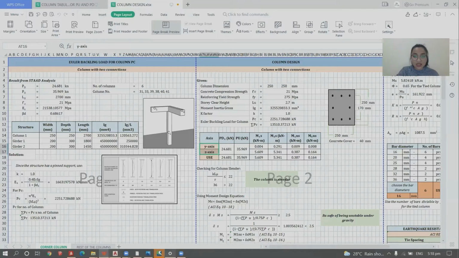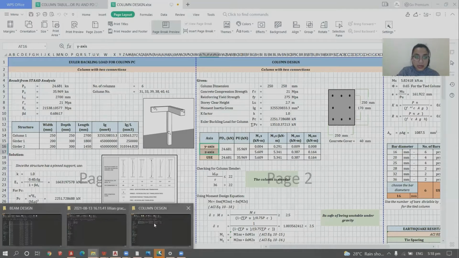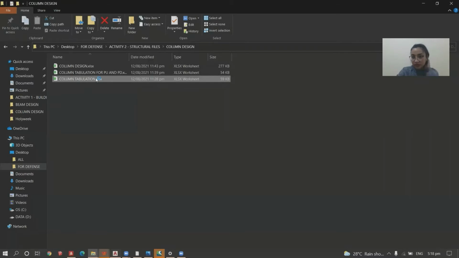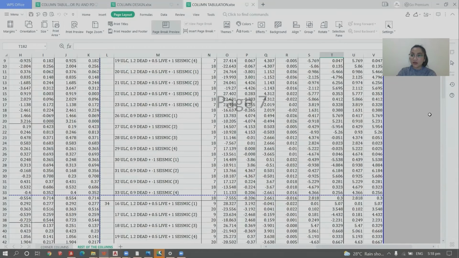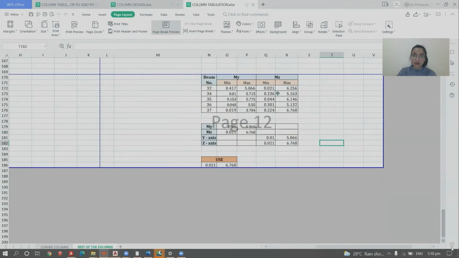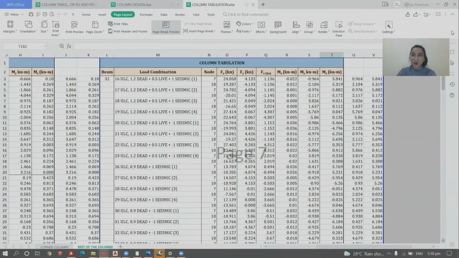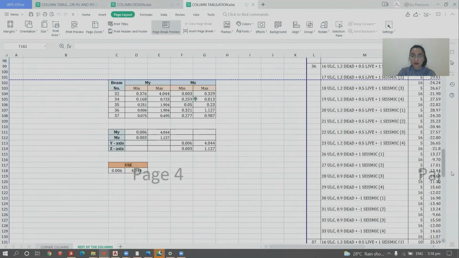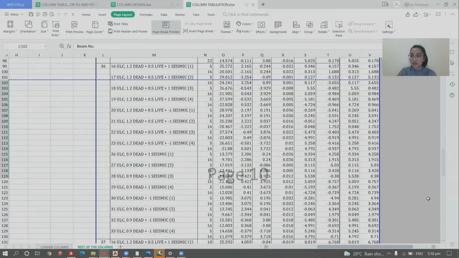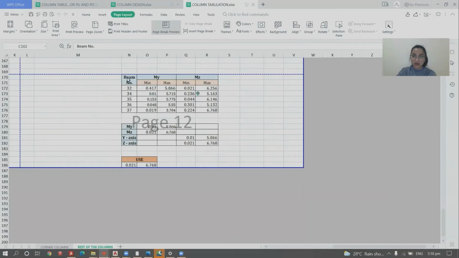This is tabulated from the column tabulation for PU and PB, for the non-sway and the sway column. I tabulated again the maximum and the minimum values, again from the STAAD analysis.